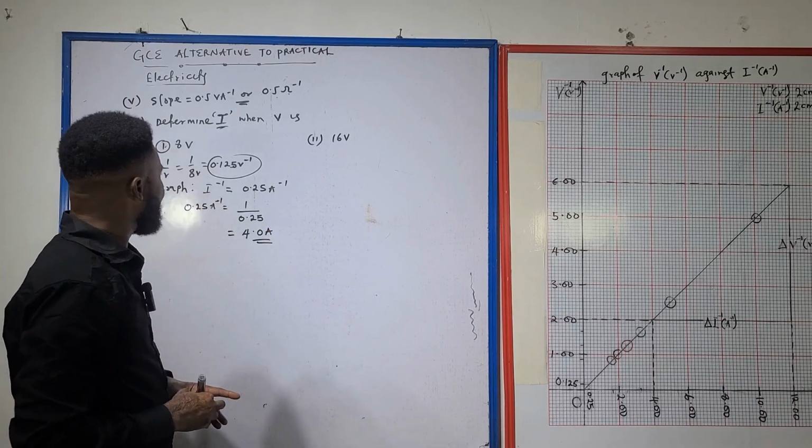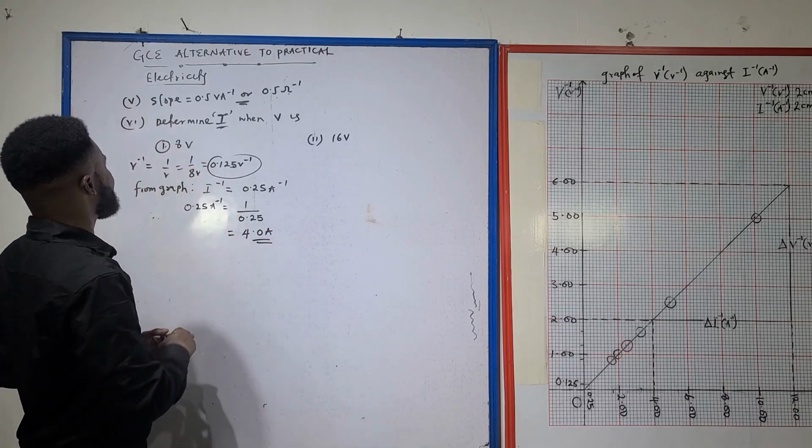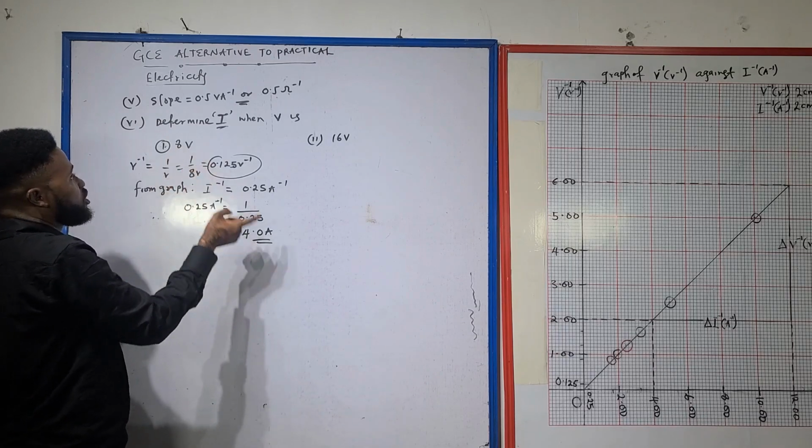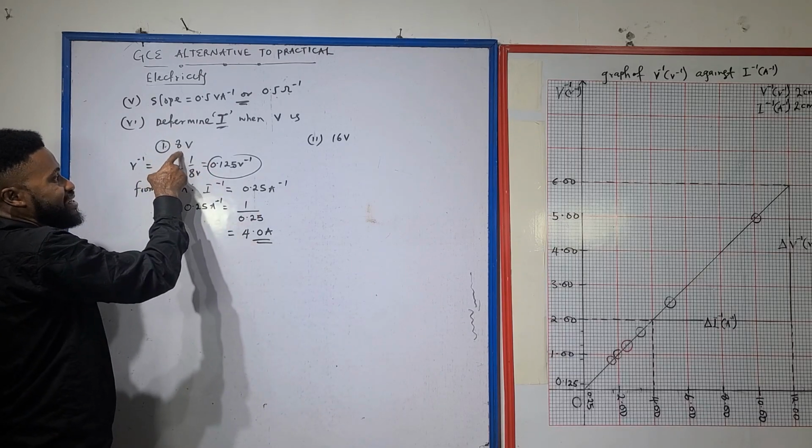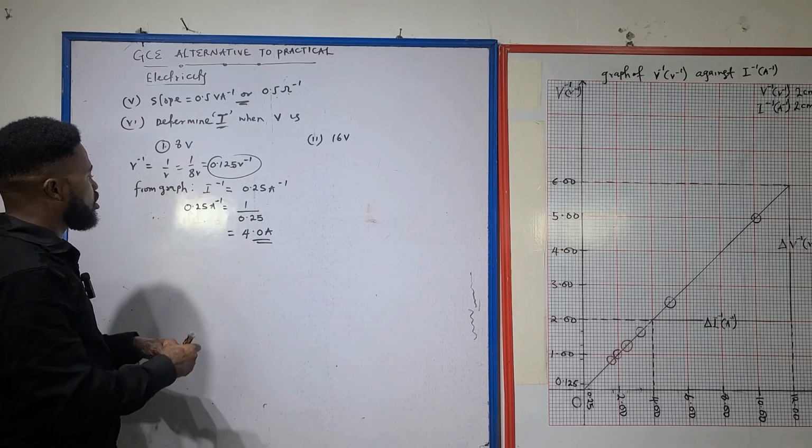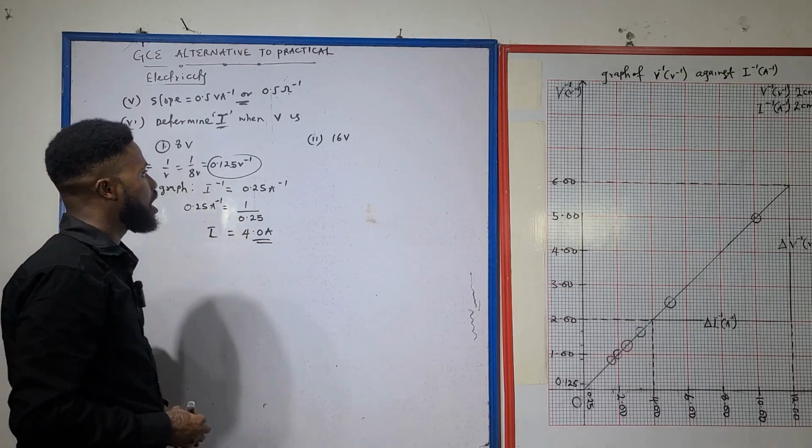So if I am to determine what my current will be when my voltage is 8 volts, then my current is going to be 4 amperes.